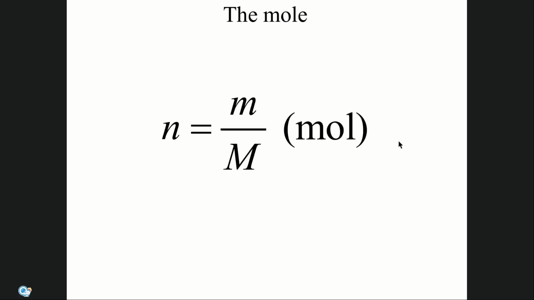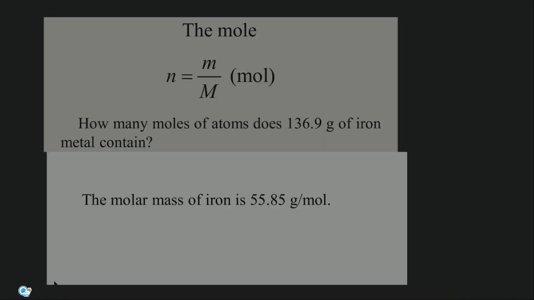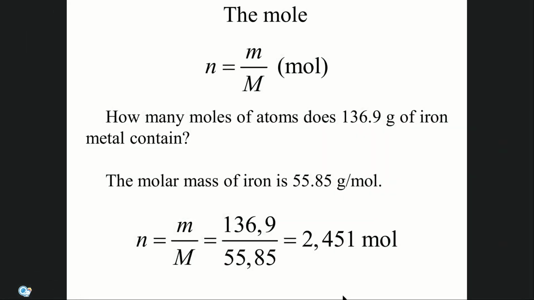So let's try to use this formula and calculate the amount of moles of atoms of iron if we know the mass of this iron and the molar mass of this iron. Amount of substance can be calculated by using mass and molar mass. Mass divided by molar mass is approximately 2.45 moles.